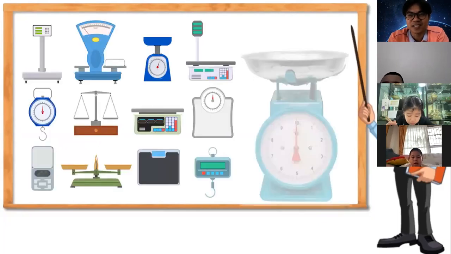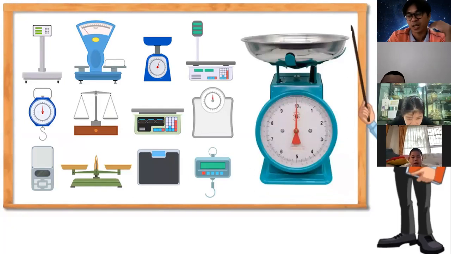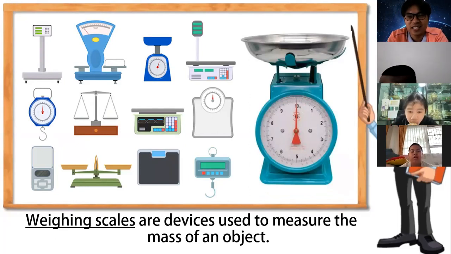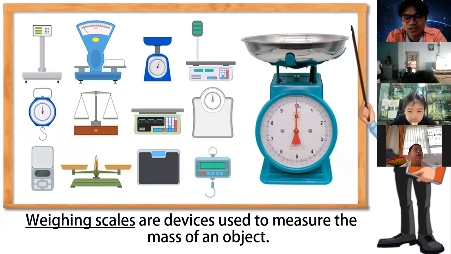We know that there are many types of weighing scale, measuring tools. These are some of the different types of weighing scales. Weighing scales are devices used to measure the mass or the weight of an object.